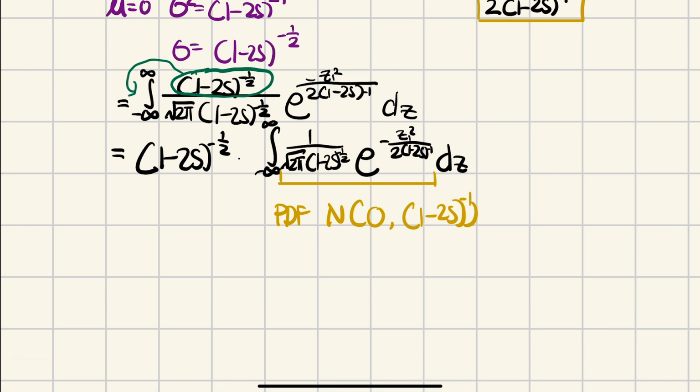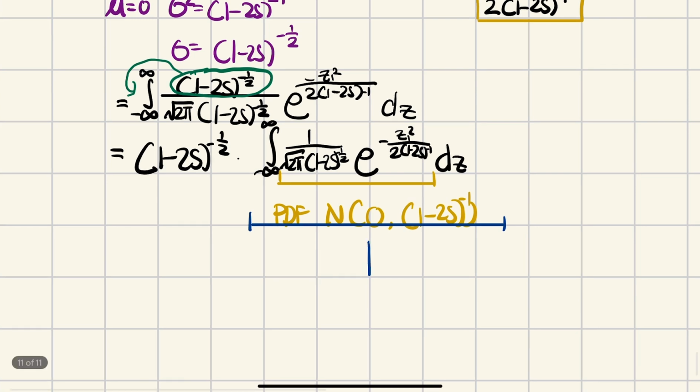And we know that if we take the integral over the range of all the values of a PDF, then that's 1. That's the definition of a PDF. So if we take the integral from negative infinity to infinity of a PDF, then that would be 1.